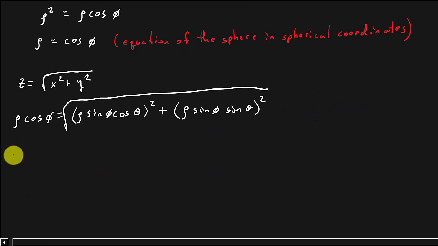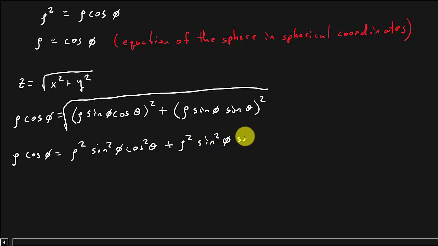So this is going to be rho cosine phi is equal to the square root of rho squared sine squared phi cosine squared theta plus rho squared sine squared phi sine squared theta.